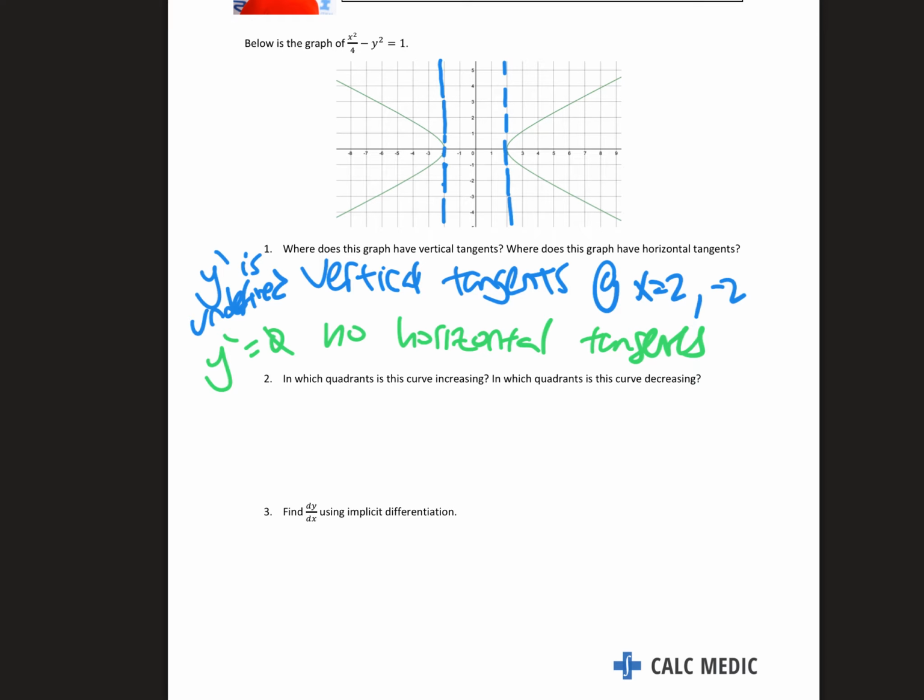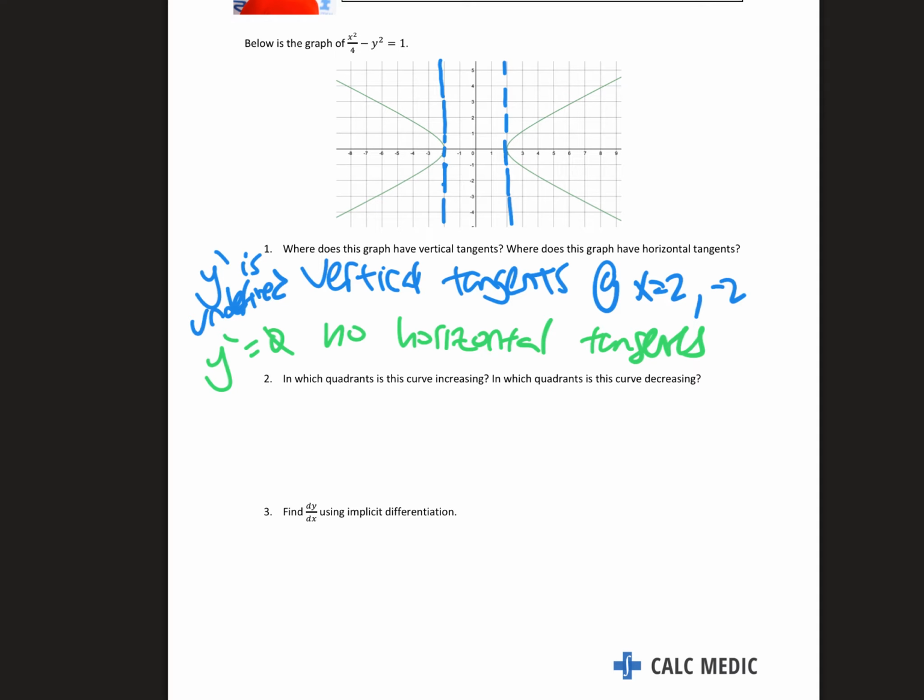Next thing, let's look at in which quadrant is this curve increasing? In which quadrant is the curve decreasing? So I'm looking at the graph here. I can see from left to right, I'm doing increasing first. Right here it's increasing, so that's quadrant 3, and the other one is at quadrant 1.